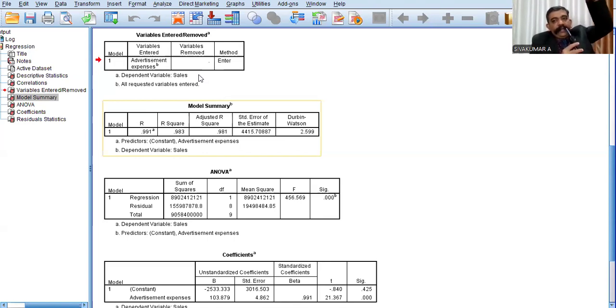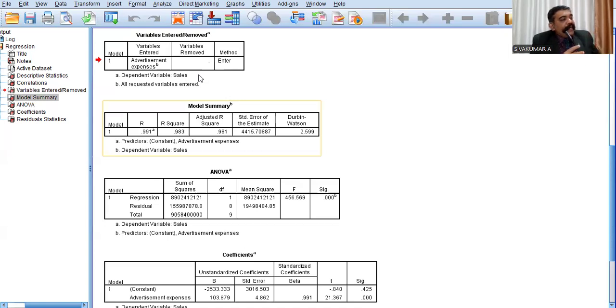That means the independent variable can explain the change in the dependent variable. About 98.3% of the change in sales is due to changes in advertising expenditure. That means advertising expenditure is very, very important.